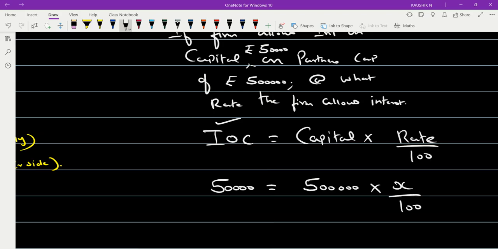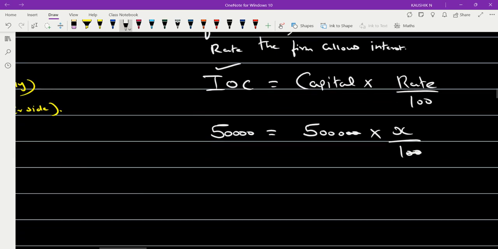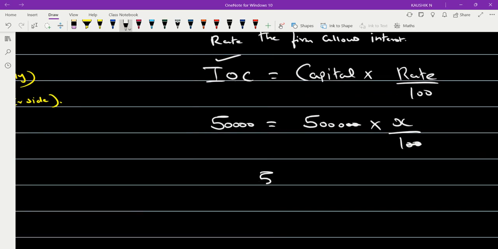So X by 100. Now, you just cancel out the two common zeros. Thereby 50,000 is equal to 5,000 into x. Therefore, x is equal to 50,000 divided by 5,000.